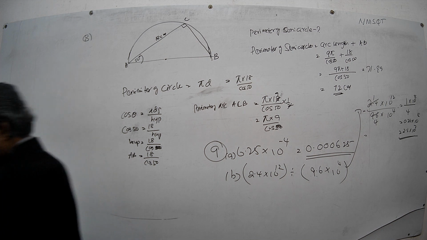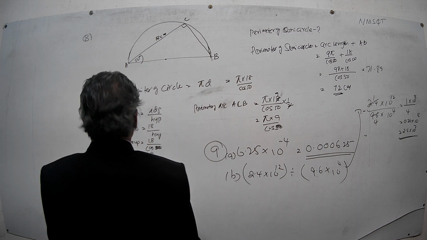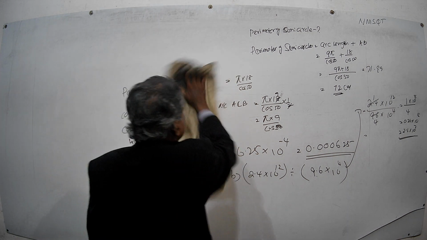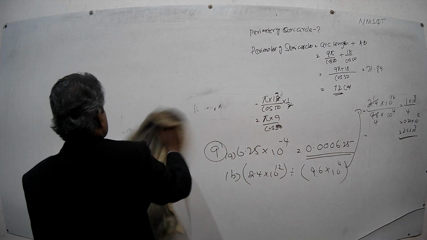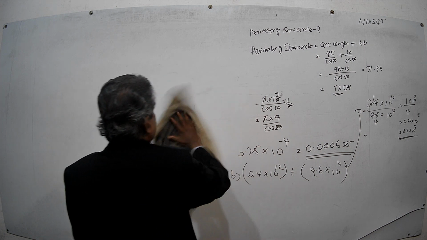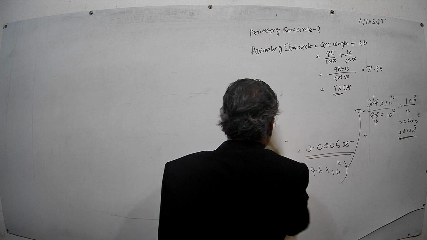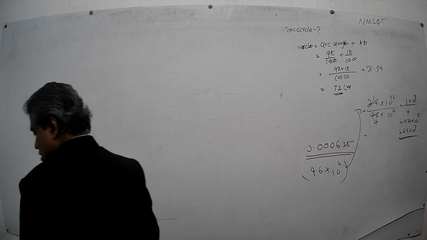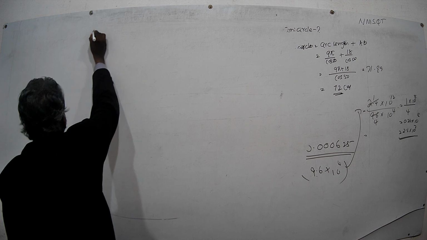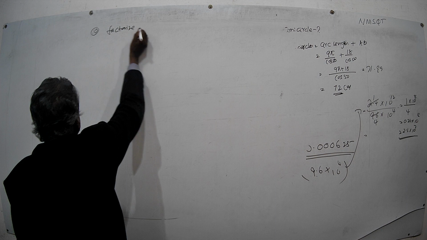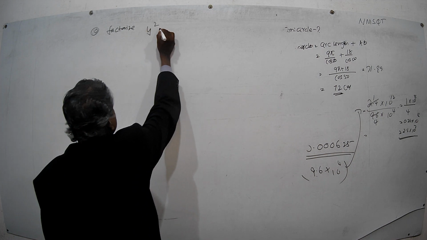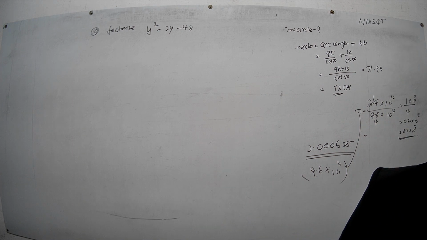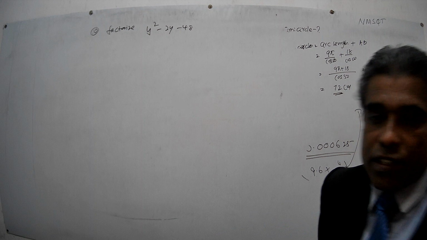Factorize y squared minus 2y minus 48. Next one they ask: factorize y squared minus 2y minus 48.